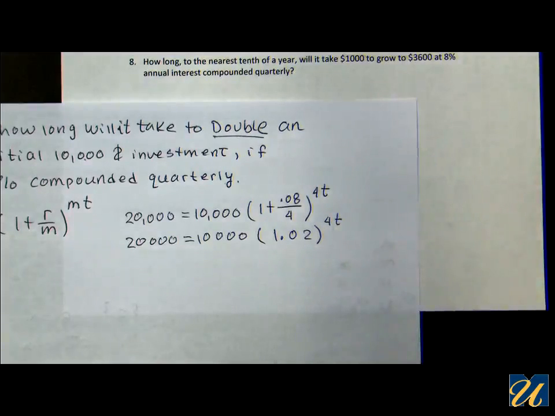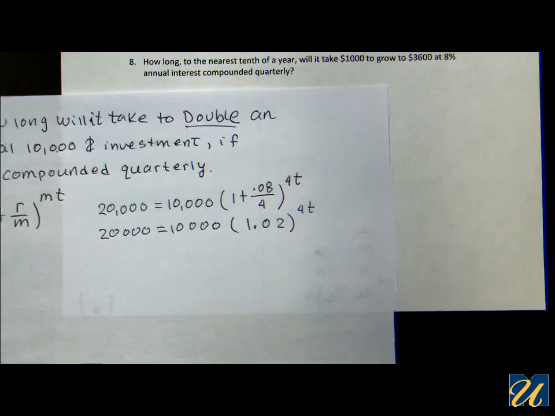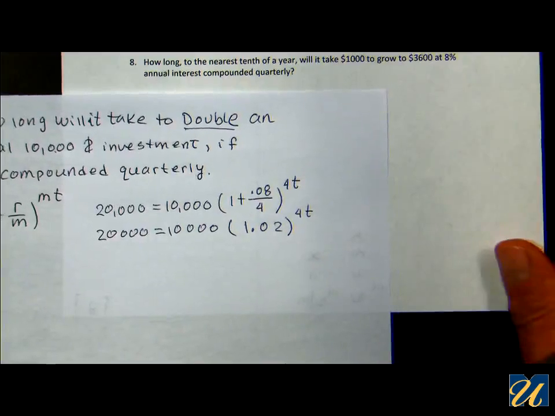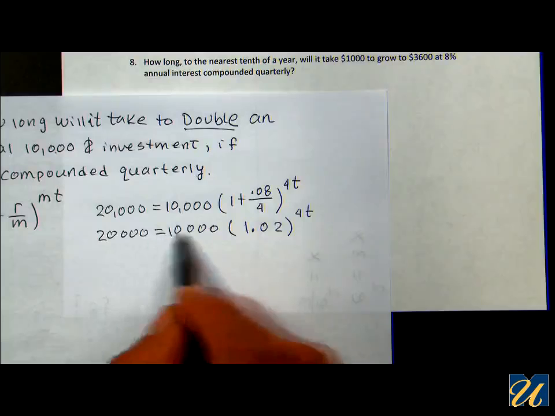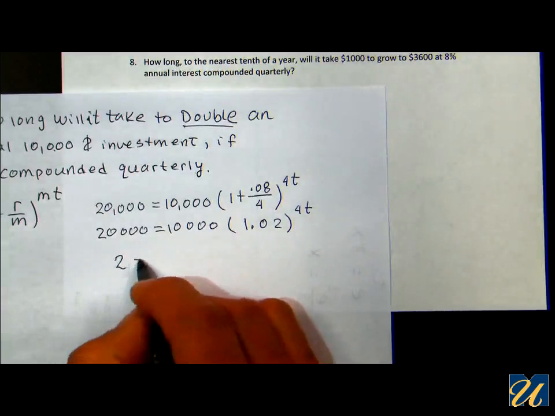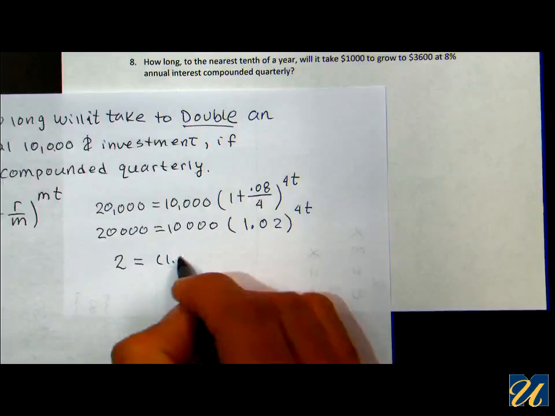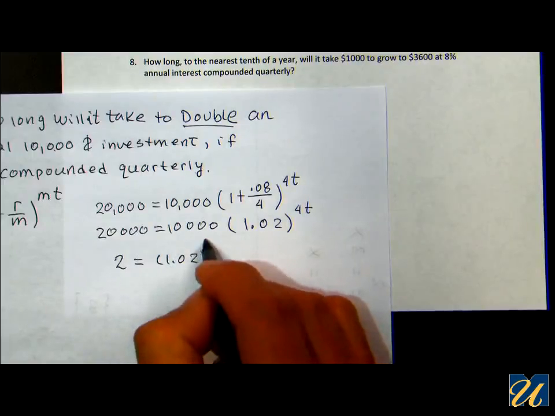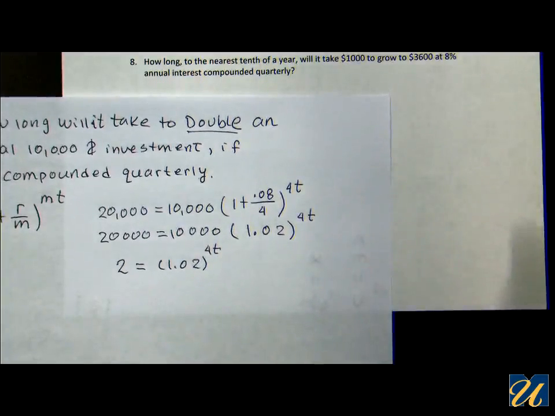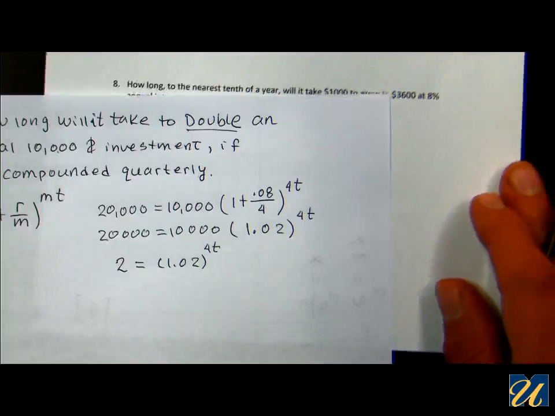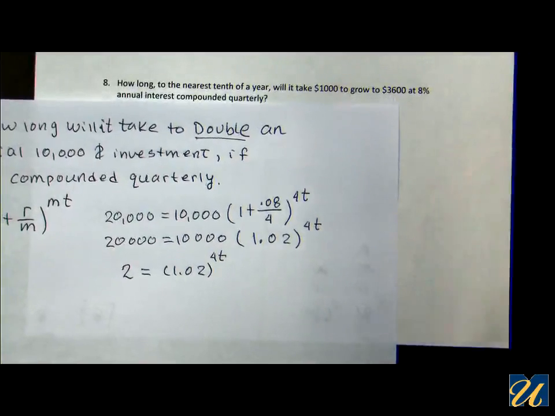Okay. Now we have to isolate the exponential. That's important that we do that. Very important. Don't have to, but it does make the math more challenging. Divide both sides by 10,000. So 2 is equal to 1.02 to the power 4t. That makes it look a lot simpler. And now we can use logarithms here to simplify and solve for t.